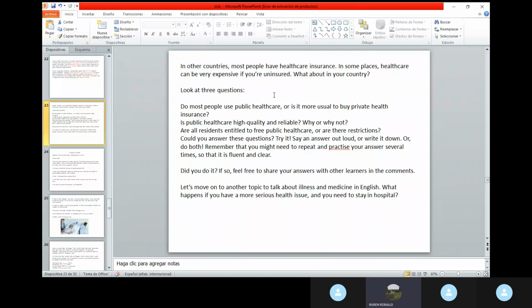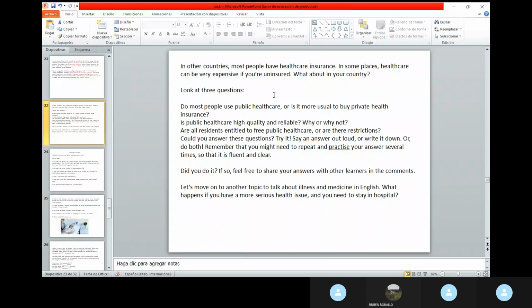In Villavicencio they have specialists because it's a big city. Yes, but sometimes people, for example my mother, had an eye operation in Bogota because in Villavicencio they don't have it.